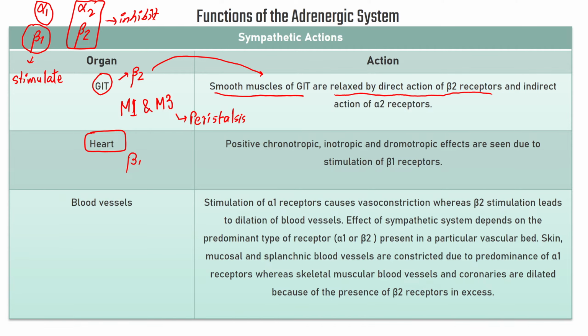Beta 1 in the heart, positive, increased chronotropic action, inotropic action, and dromotropic actions, which means increased heart rate. Chrono means increased heart rate, ino means increased force of contraction of the heart, and dromo means increased conduction.